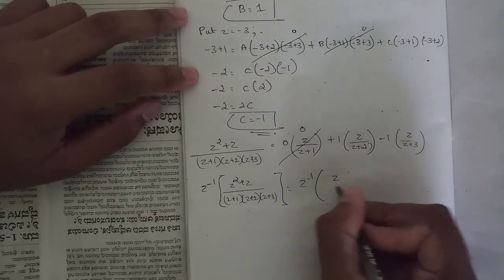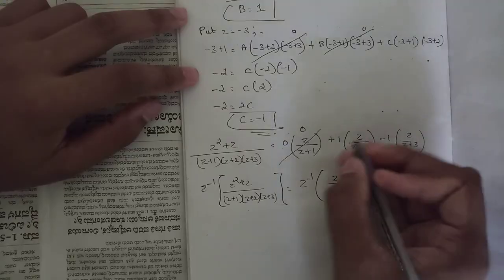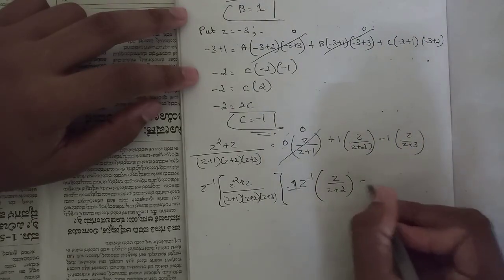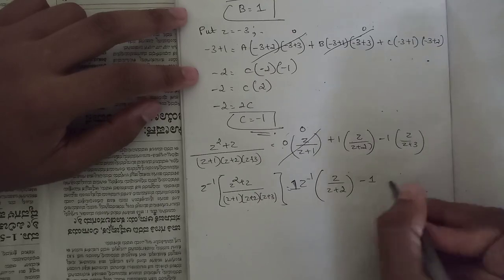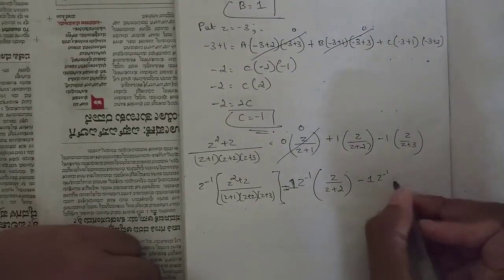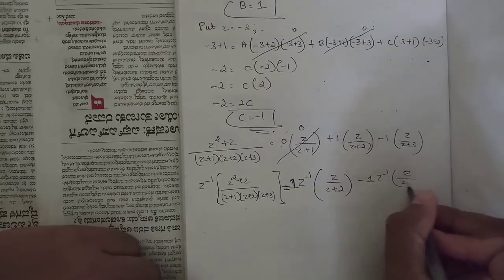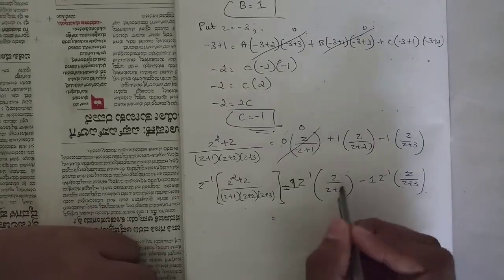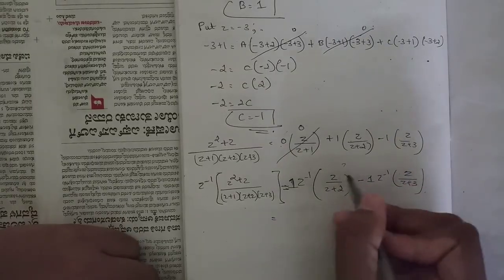Z inverse of z by z plus 2. This 1 I have taken outside here, you can write it as 1 minus 1 into z inverse of z by z plus 3. Okay, now we know that it's of the form z by z minus a.